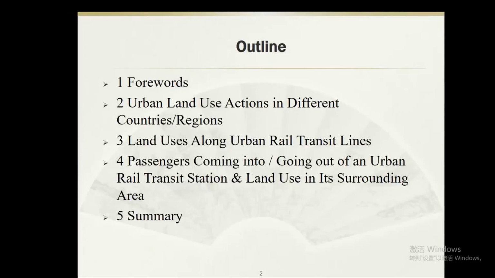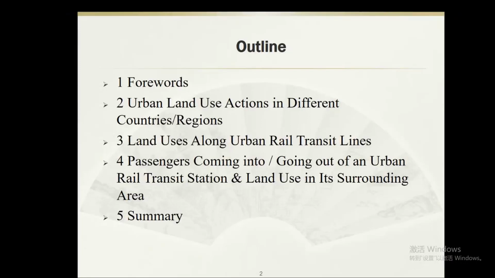The fourth part is about the passengers coming into or going out of an urban rail transit station. What kind of land use type should we focus on to forecast where the passengers are from, which type of land use, how big the scale is, and what the intensity of the land use development is.